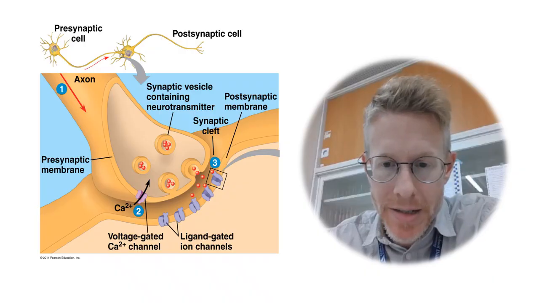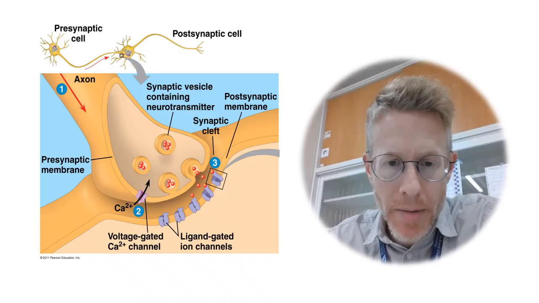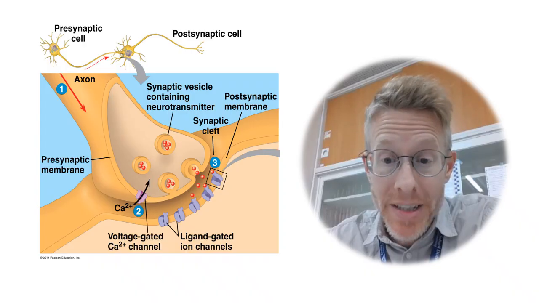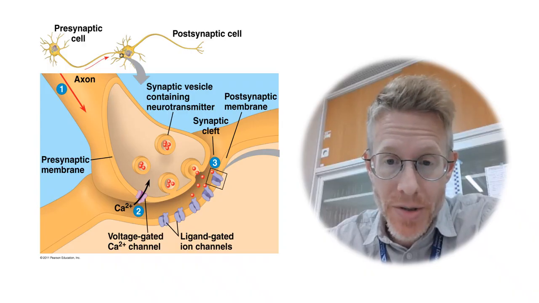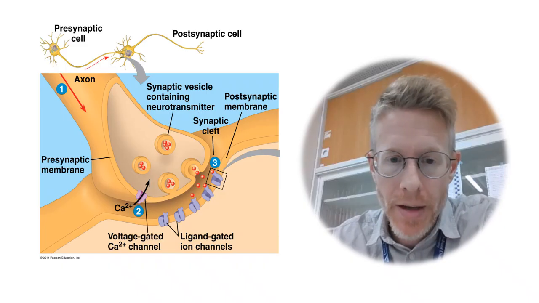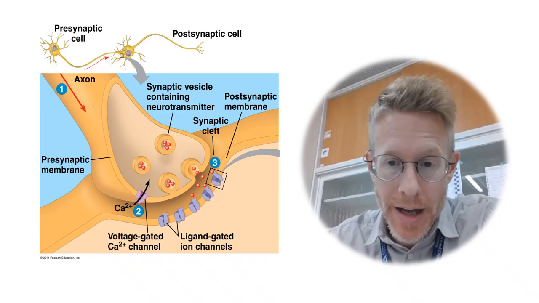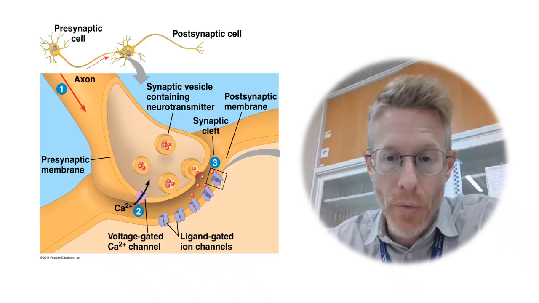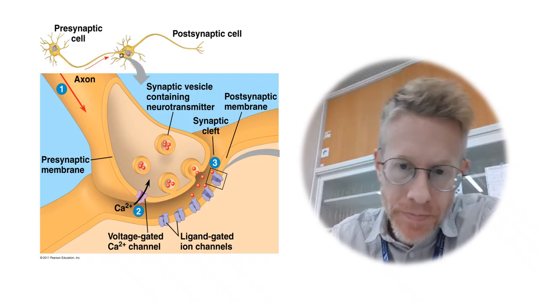So basically what happens, the action potential reaches the end of a neuron, the presynaptic neuron. That causes voltage-gated calcium ion channels to open. So there's a different kind of voltage-gated channel in this region of the neuron. And calcium ions, which were pumped out previously, rush in by facilitated diffusion.